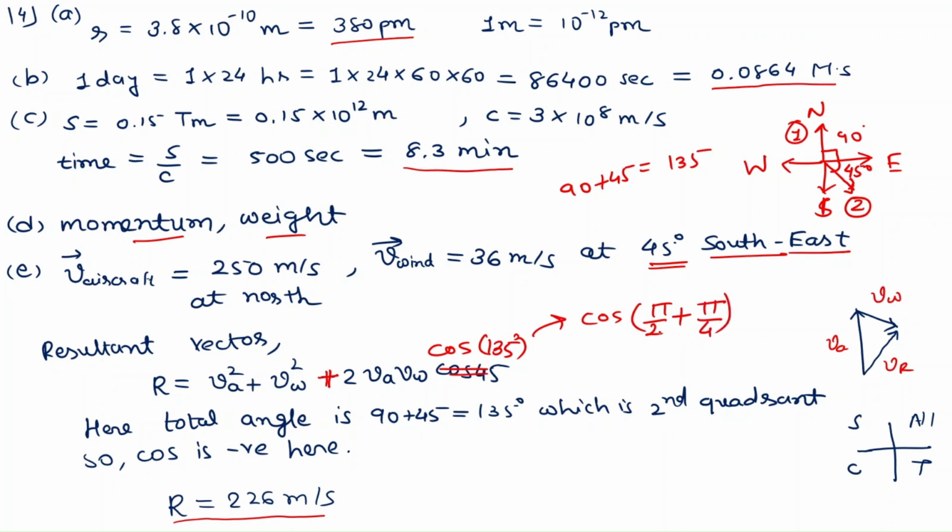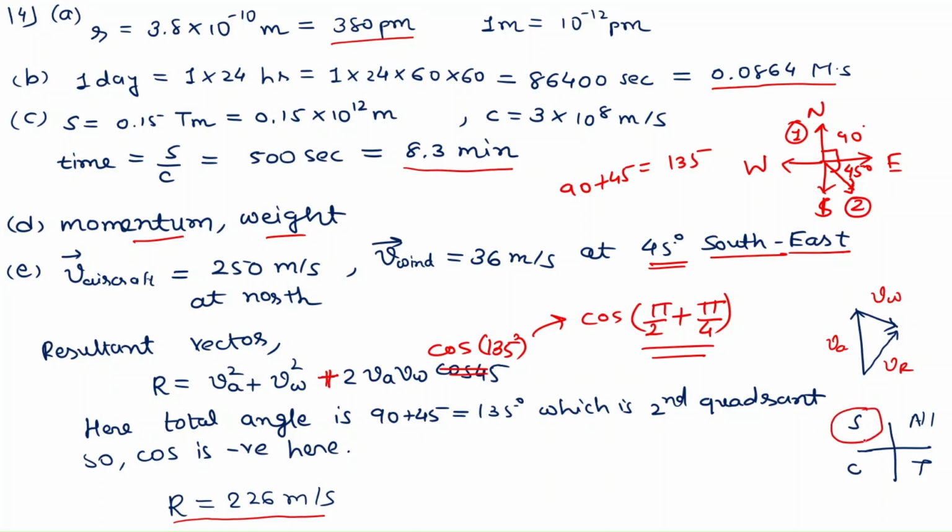According to the trigonometry rule, pi by 2 means the function changes. Here I mention in which quadrant which functions are positive or negative. Pi by 2 means 90 degrees plus something, and that something is 45 degrees, which means we are talking about the second quadrant.